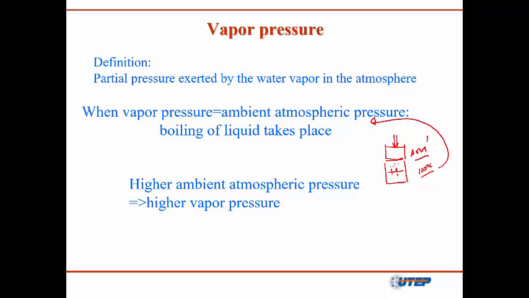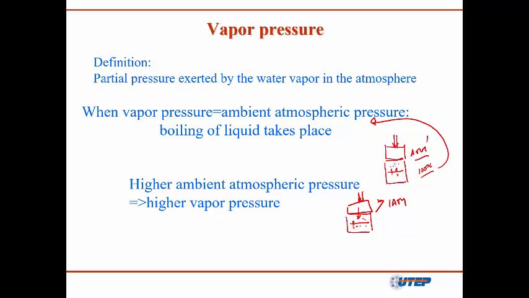Now, let's say that I have a pressure cooker. What does the pressure cooker do? Well, a pressure cooker is going to increase that pressure to larger than 1 atmosphere. As a consequence, I'm pushing down on this vapor that has formed on top of the water. I'm not a very good draftsperson, but I want you to visualize that with the pressure cooker, you're pushing down on this vapor pressure.